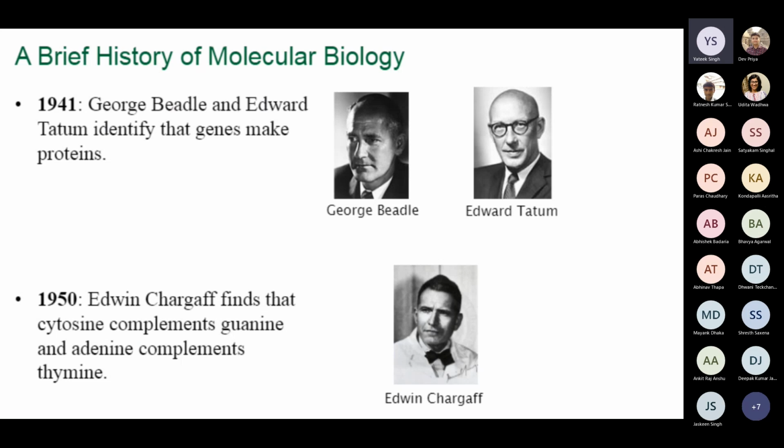And this is, I would say, one of the first bioinformatic approaches of looking at molecular biology data. So it was this researcher called Edwin Chargaff, who basically saw that the composition of the individual monomers of DNA has a certain pattern.